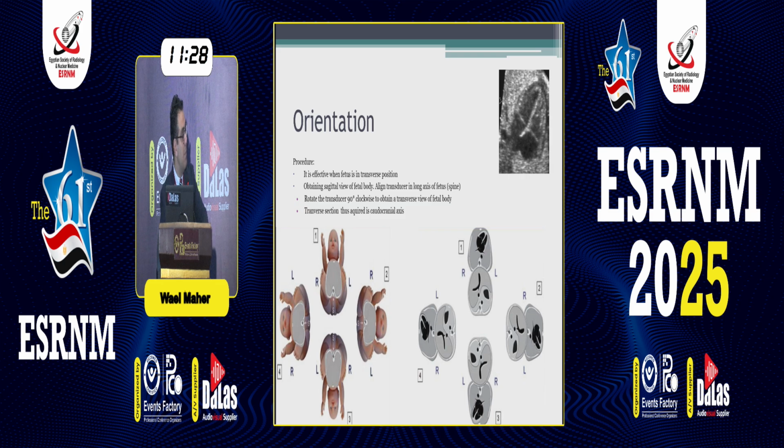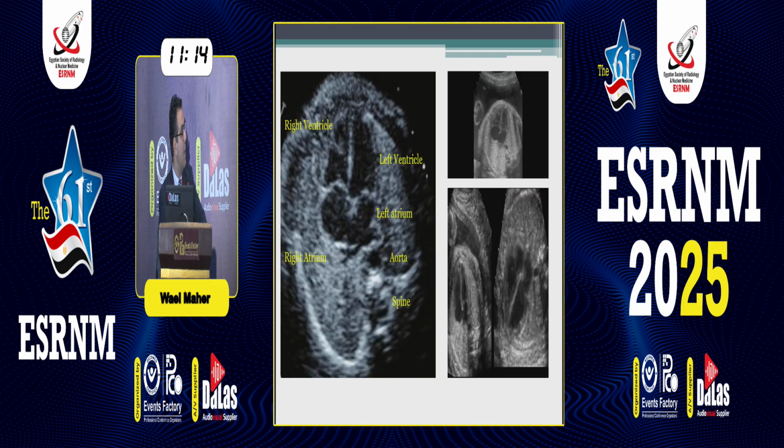I'm placing this image from the literature; it's a little bit confusing. We need to be oriented with the position of the baby, whether it is back facing, front facing, cephalic, or breech, to locate the right side from the left side. The easiest route is to rely on the anatomy: here we have the vertebrae and in front of it the aorta.